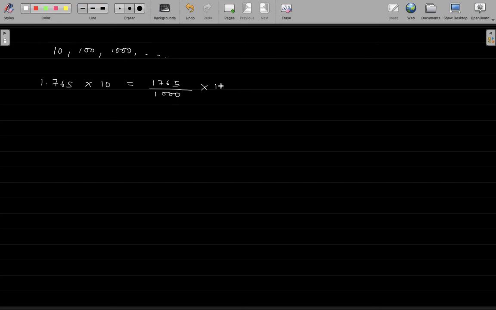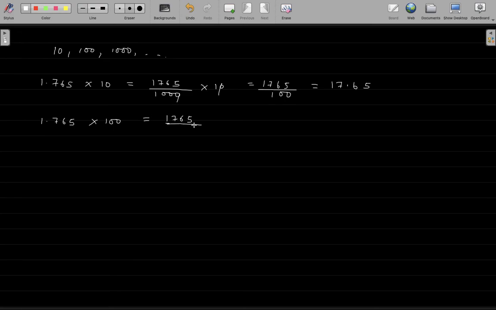Say I'm multiplying this by 10. 0 and 0 get cancelled, leaving you with your answer 1765 by 100. Now there are two zeros in the denominator, so leave two positions from the right side. This should become 17.65.